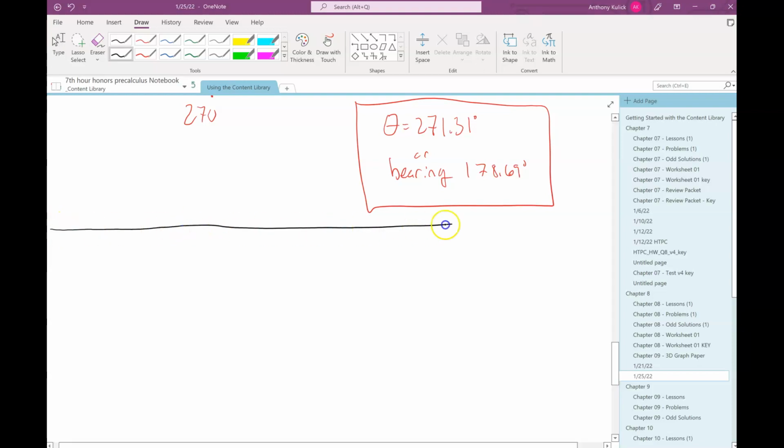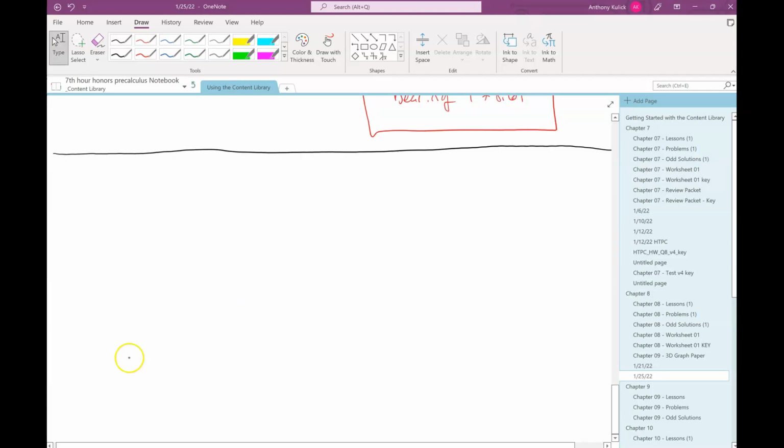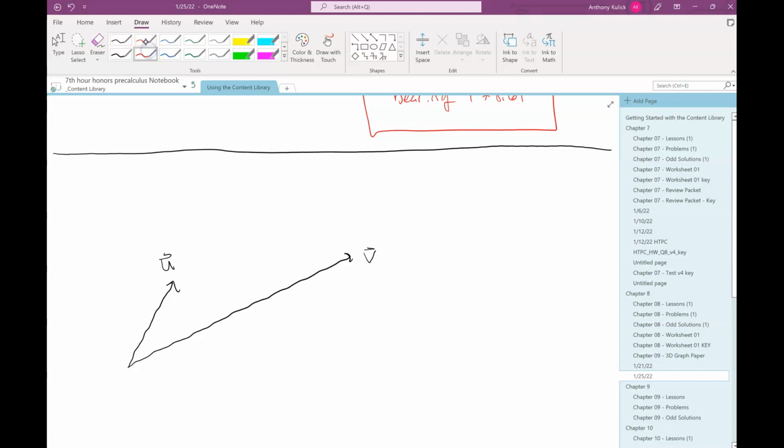Before we talk about our next application, we want to define a new vector operation. Let's say that we have two vectors. We'll call this one vector v, and this one vector u. We want to find a way to rewrite vector u as the sum of two vectors.